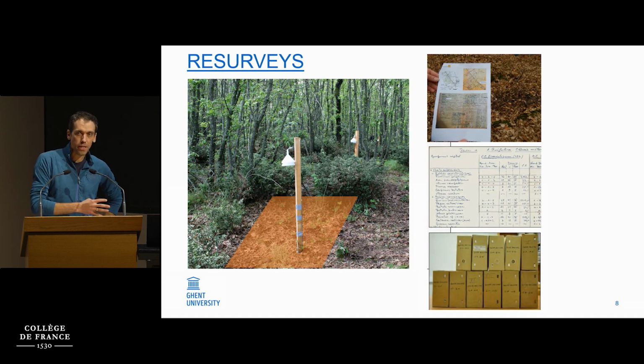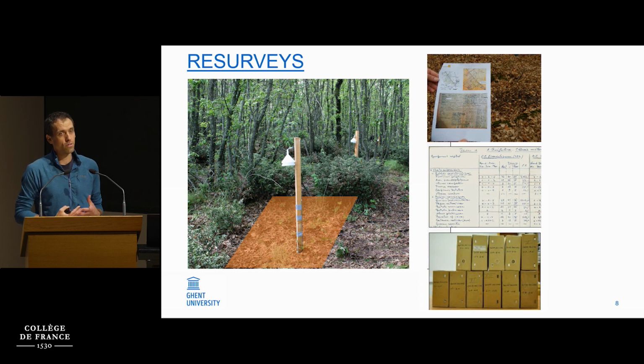Good, so we do forest resurveys, so these are repeated surveys of a vegetation plot at the same place, and often it can be a challenge to find back the exact location, so we rely on very good descriptions of what has been done in the past, how the plot was located, usually relying on old big trees to relocate the plot or other features in the landscape, like small creeks or particular topography.